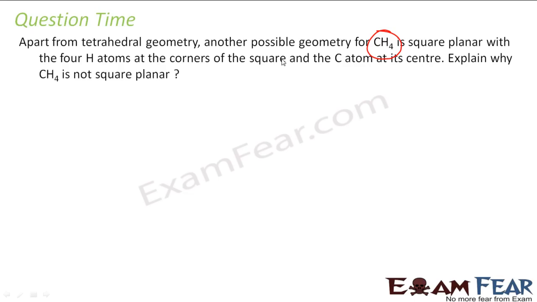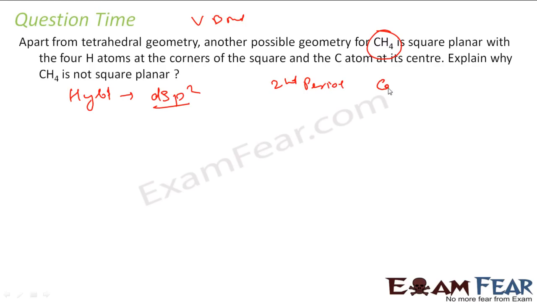See, let's prove by the valence bond theory. For a molecule to have square planar, the hybridization required is dsp2, right? Carbon is a second period element.